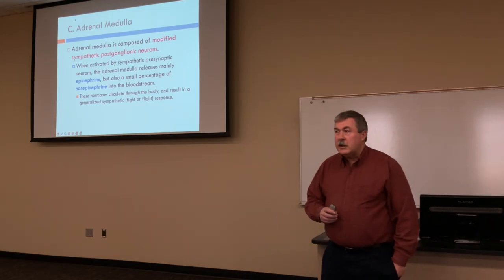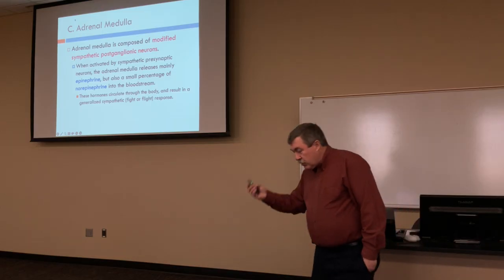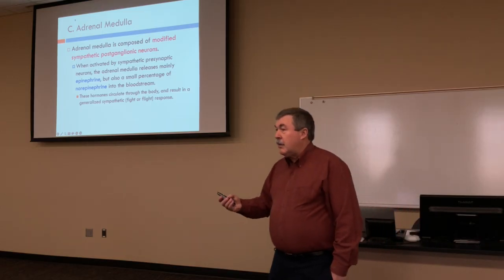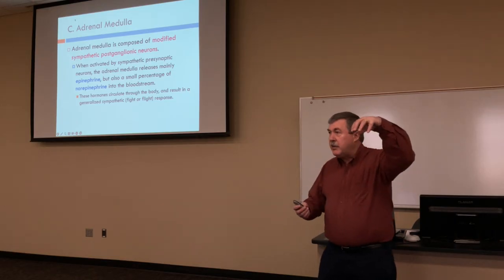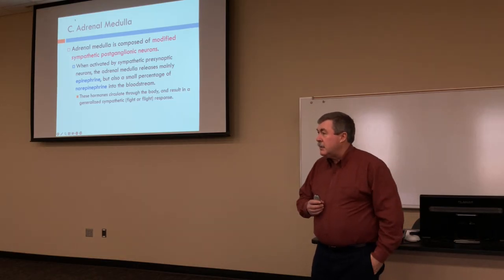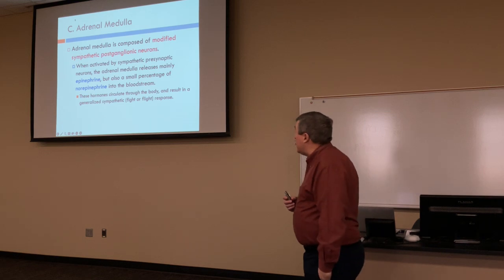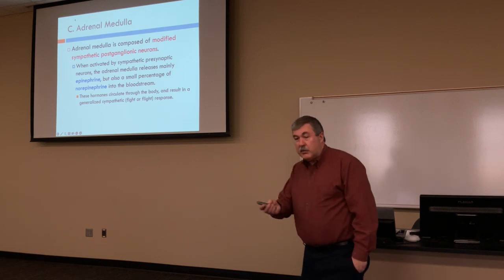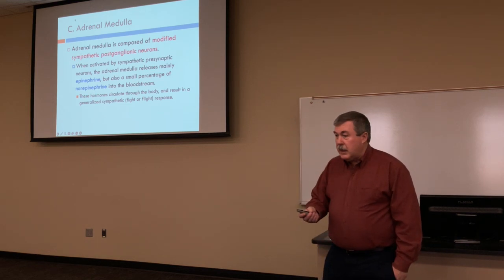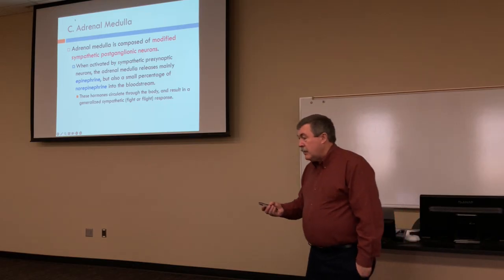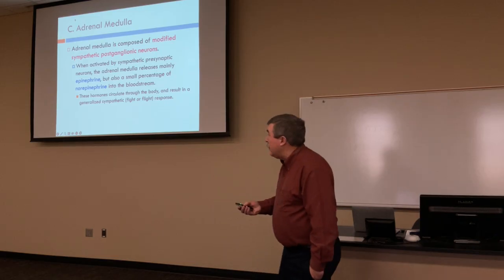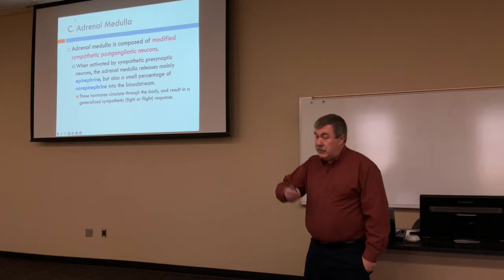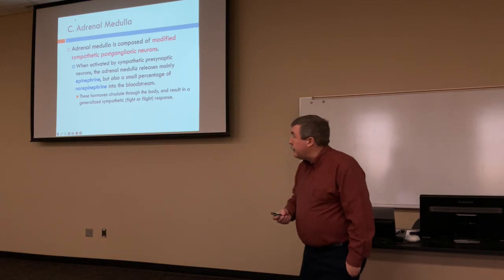First of all, the adrenal glands are a pair of glands that sit right on top of the kidneys. And they're unusual in that part of those glands make up an endocrine gland, which secretes hormones that regulate things like blood sugar, and it does a number of other things as well.